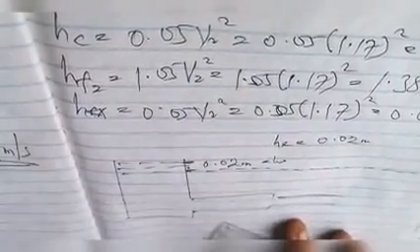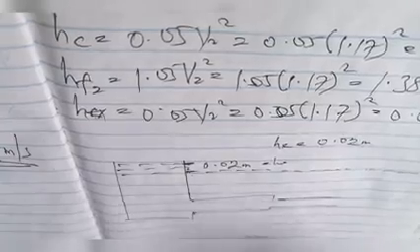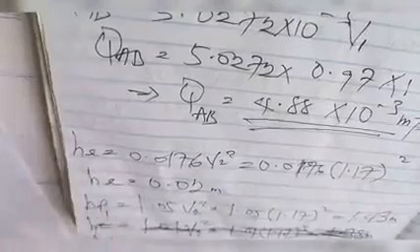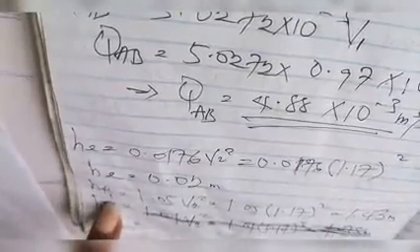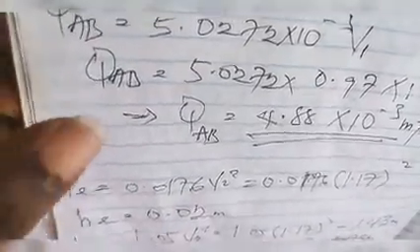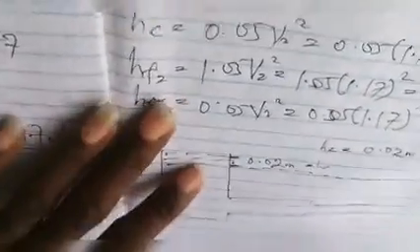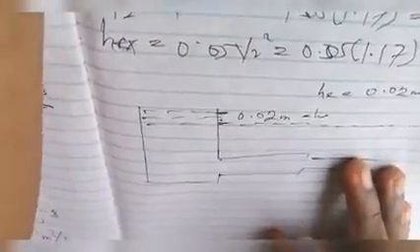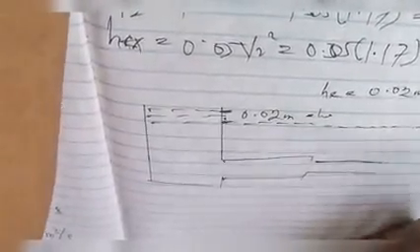Now the next head loss is head loss due to friction in pipe 1, and we obtain the value to be 1.43. This seems to be the largest value here. So what you do is this: if it is 1.43, it means it's going to be the largest value.